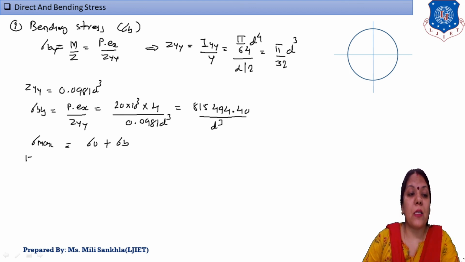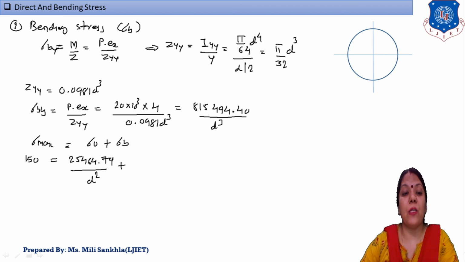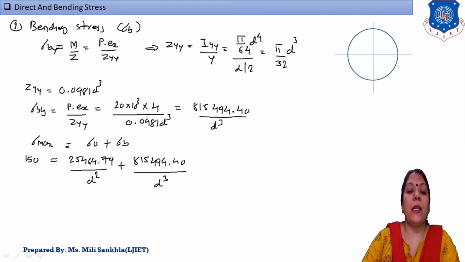The value of sigma max is equal to 150, and direct stress we found in terms of diameter, 25,464.79 divided by d square, plus bending stress is equal to 815,494.40 divided by d cube. Here our LCM is d cube, so simply multiply and shift this term from right to left. Sign will be changed, positive converts into negative.